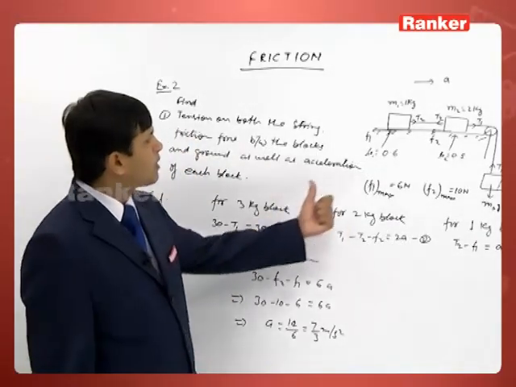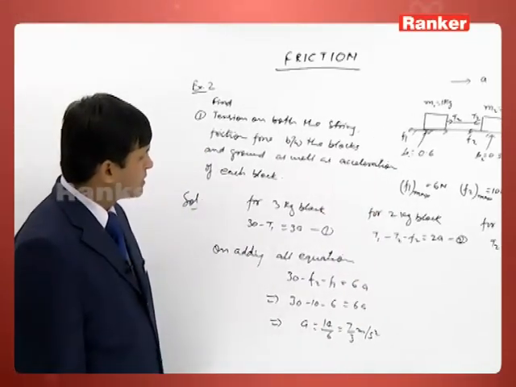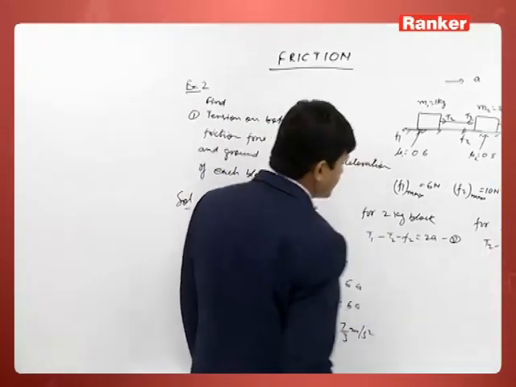It means all the blocks have acceleration 7 by 3 meter per second square.